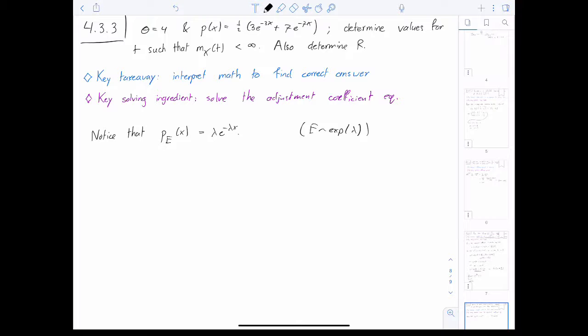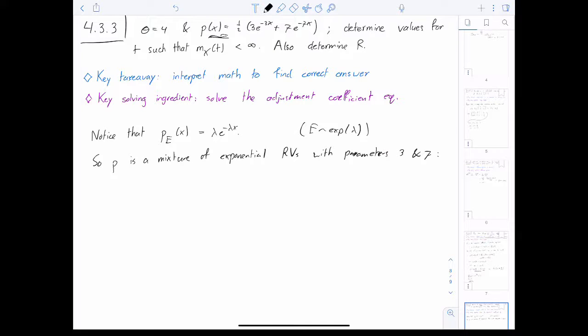So P, the P we are given right here, is a mixture of exponential random variables with parameters 3 and 7.